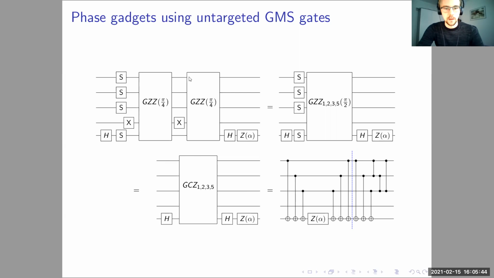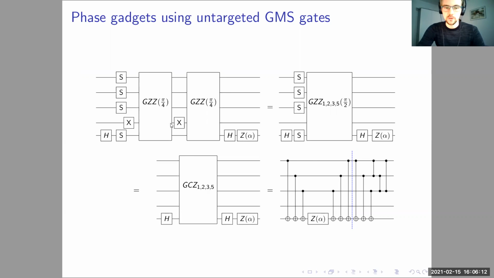So now we start with a pair of global gates, and we apply NOT gates to the qubits where we don't want to have the GCZ gate. And now we also need to apply some S gates, and then with the same trick, we get the GCZ gate. These S gates make it into a GCZ gate. Because I only had a single qubit not interacting, this qubit just doesn't do anything.